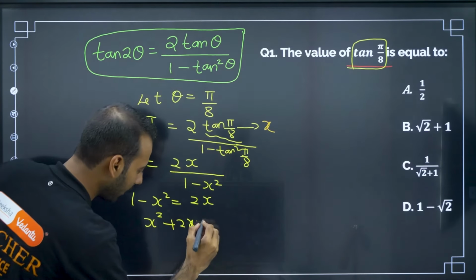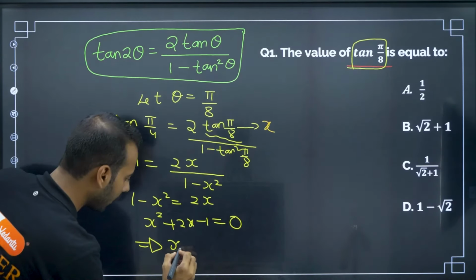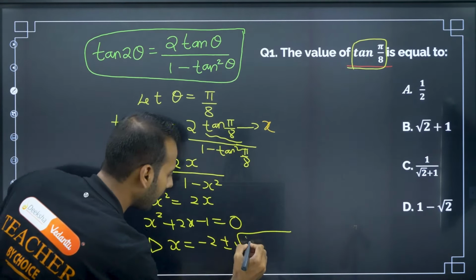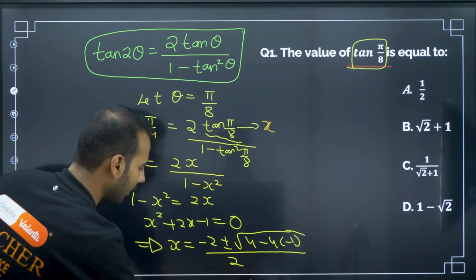If I transpose this, x square plus 2x minus 1 is equal to 0, which implies x is equal to minus b plus or minus root of b square minus 4ac by 2a.